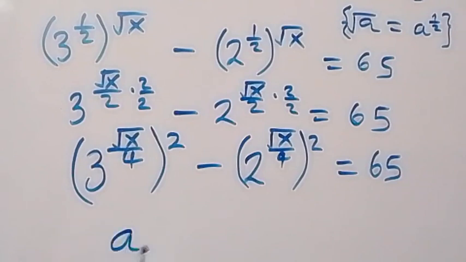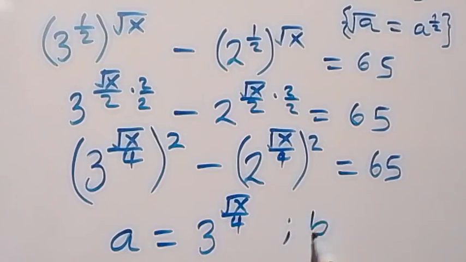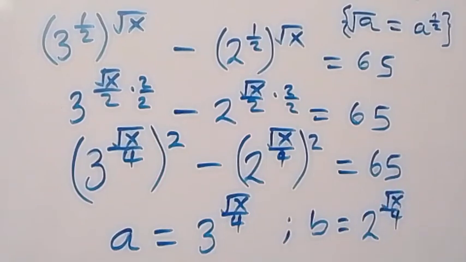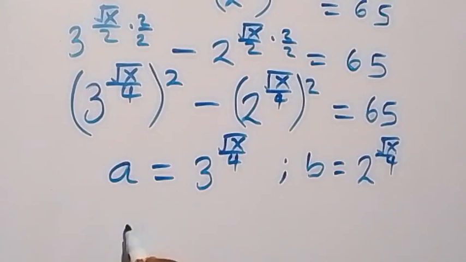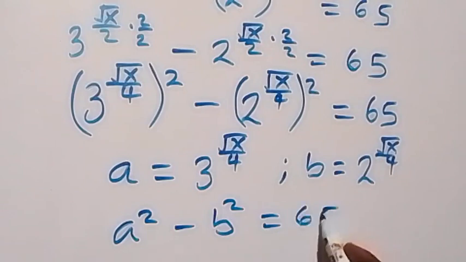Then from here, let's use a letter to represent 3 raised to power root x over 4. So let a be equals to 3 raised to power root x over 4, and let b be equals to 2 raised to power root x over 4. And what we have here then becomes a square minus b square equals to 65.